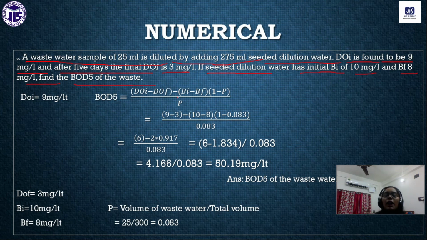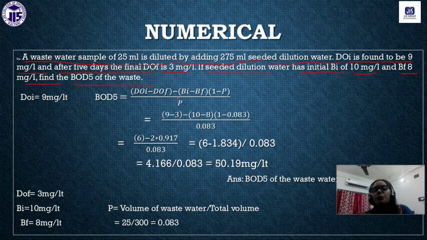Now look, one more thing, while you are solving the problem, first of all you have to check very well, because there are two equations you have now. One is the simple BOD test, and the second one is the modified BOD test. So while you are solving the problem, you have to check the question very well to see which equation you have to use.